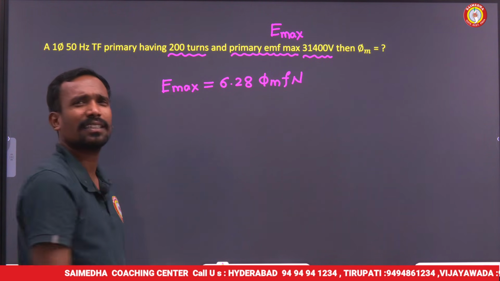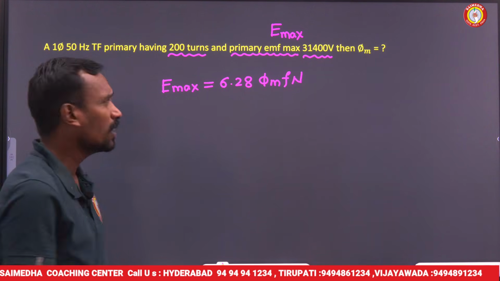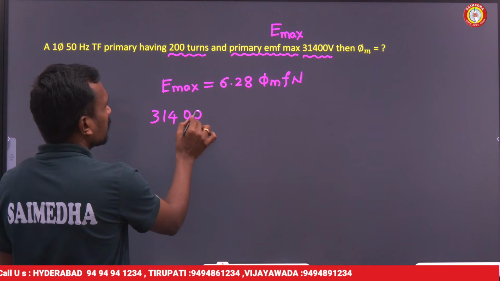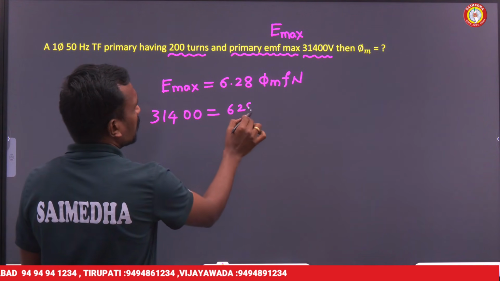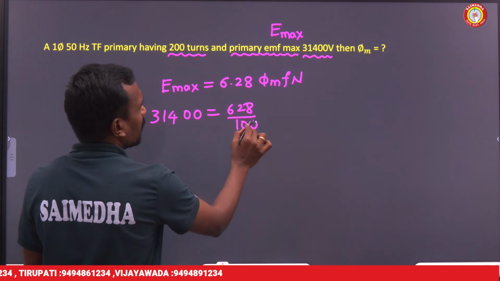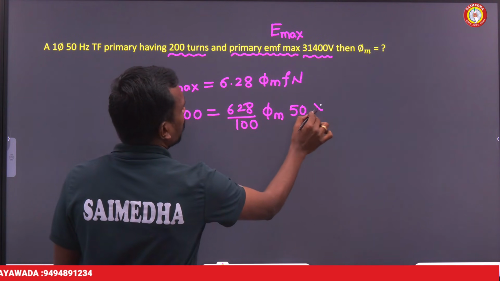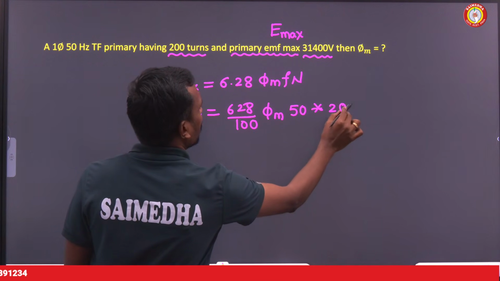We discussed this in the transformer EMF equation, where E maximum equals 31400. This is the value of 628 by 100. Now they are asking phi m, with a frequency of 50 Hz and number of turns given as 200.